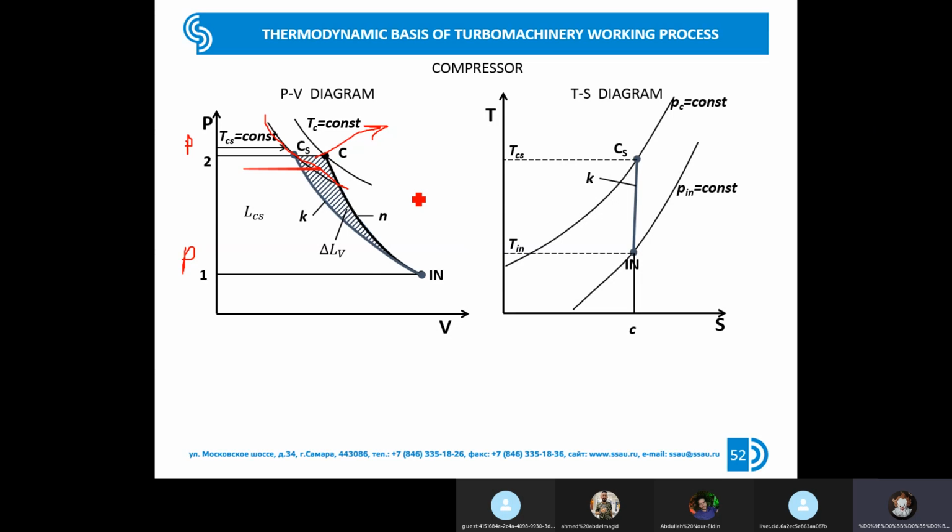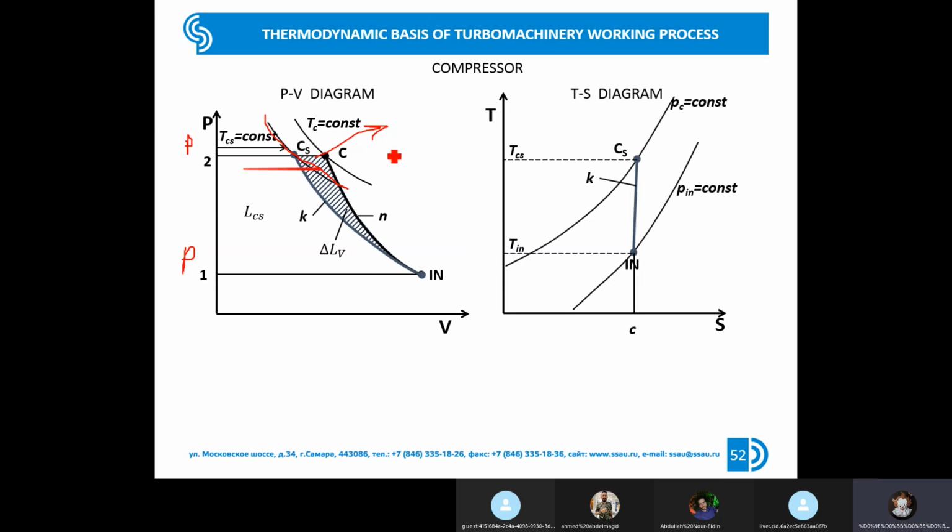To understand it, let's imagine the compression process. You compress the air. Of course, during the process you have some losses. And finally, the energy which you spend to overcome the loss becomes internal heat.